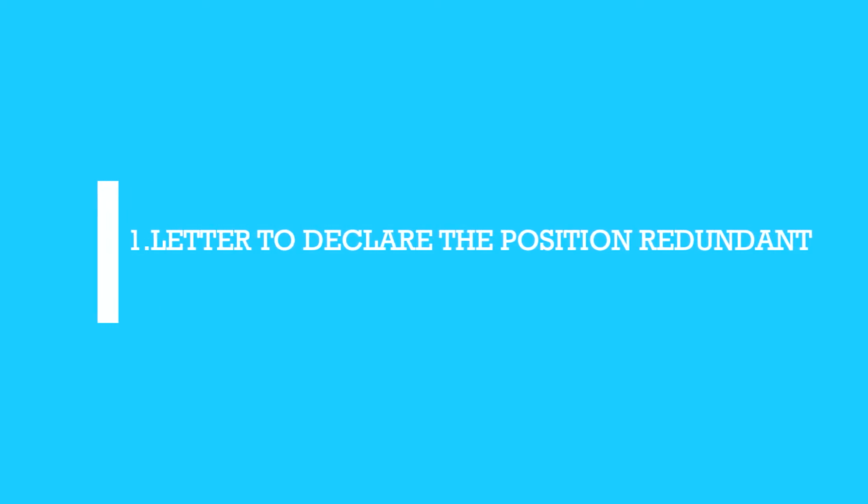So the first thing you need to do, if you think that there's a possibility you're going to declare some position redundant, is write a letter to the staff, with the intention to declare the position redundant. Remember, we don't make staff redundant, we make the positions redundant.